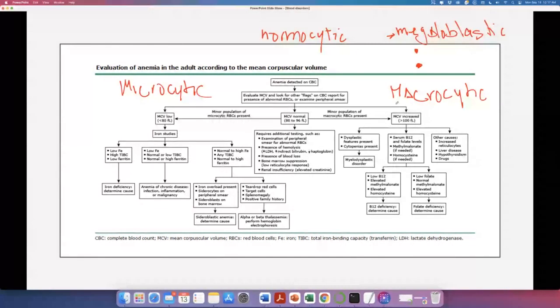For example, if you do a blood smear, we can find what we call hypersegmented neutrophils, which is simply a neutrophil that has more than 4 lobes. Or we can do a bone marrow aspirate and find a specific type of cell that is called the megaloblast.